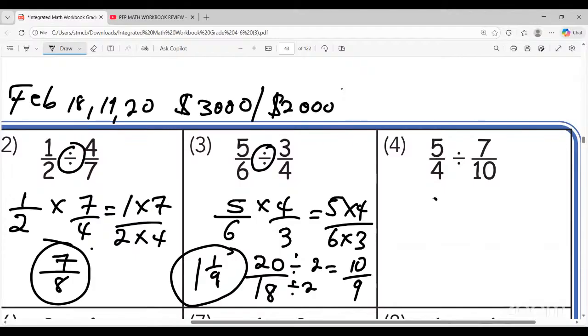All right, so we have 5 over 4. Change the division to multiplication and reciprocate. So 7 over 10 becomes 10 over 7. All right, remember the rule. We can cancel, we could divide by 2.